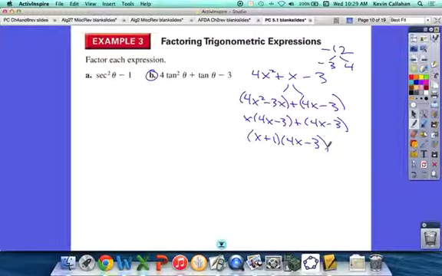Well, in what we're actually factoring, we don't have an x. We have a tan theta. So this thing will factor as tan theta plus 1 times 4 tan theta minus 3. Exactly this, just in place of the x, put a tan theta.